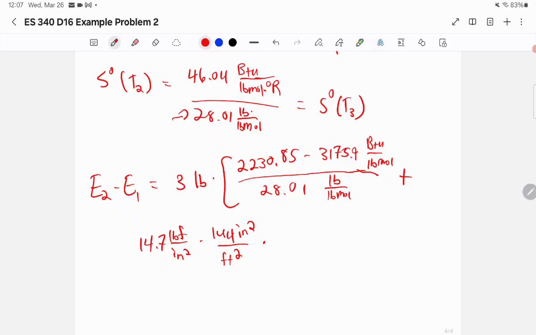So this is going to be times 1 BTU, which is equal to approximately, it's not exactly, 778 foot times pound force. So we multiply by 1 divided by 778 foot times pound force. That will get rid of the pound force, and we'll get everything out in terms of BTUs now.